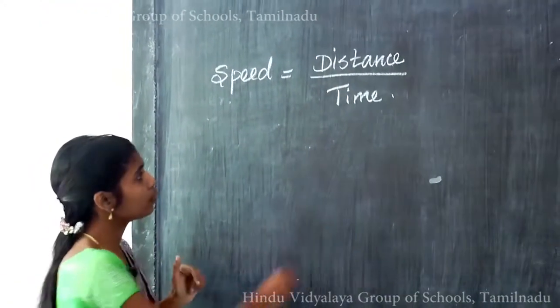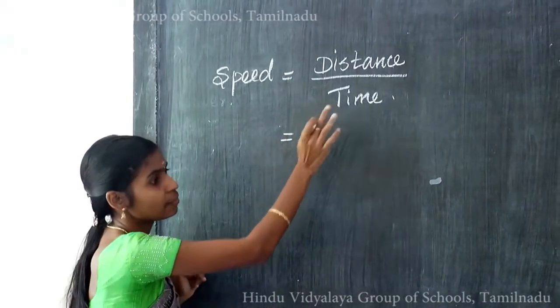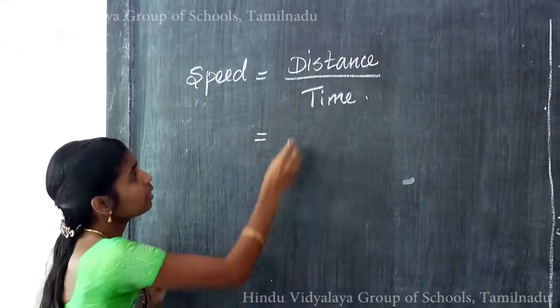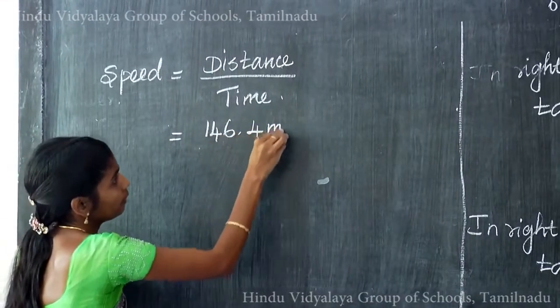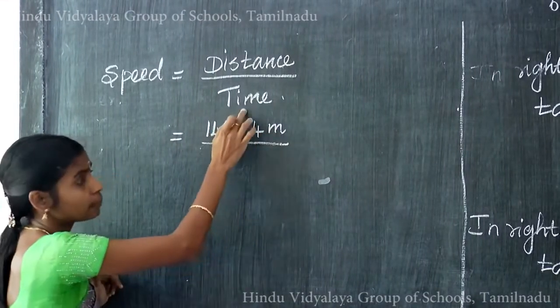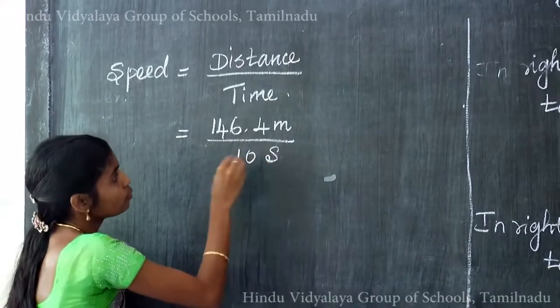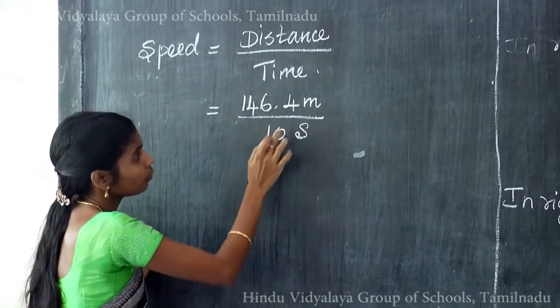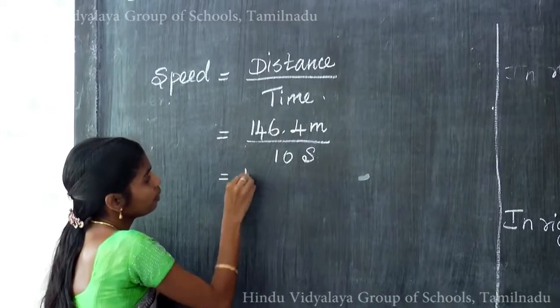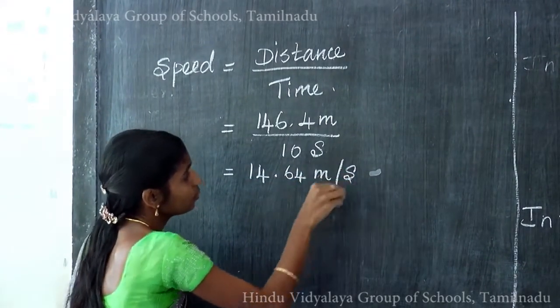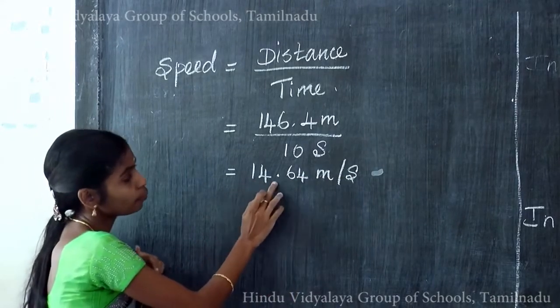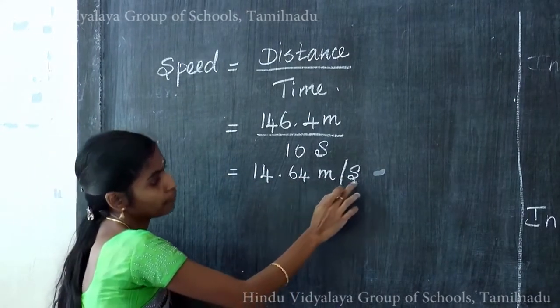Now substitute the values. The distance covered in 10 seconds is CD, and the value of CD is 146.4 meter. Then time is 10 seconds. If we divide 146.4 by 10, we get 14.64 meter per second. So the speed is 14.64 meter per second.